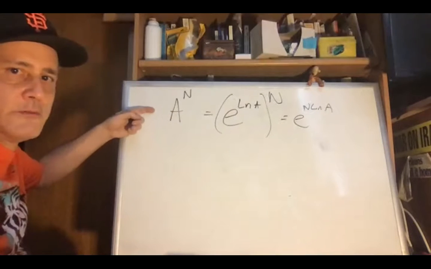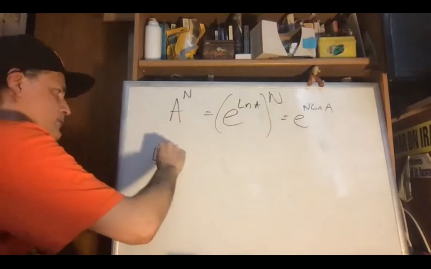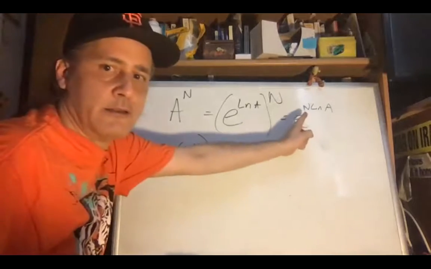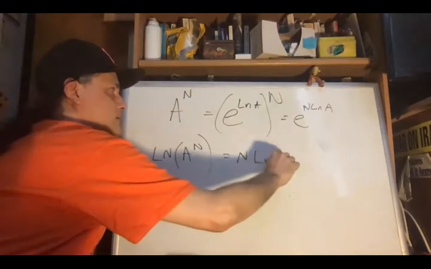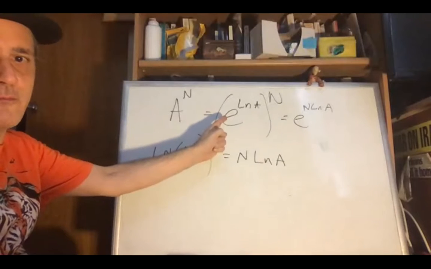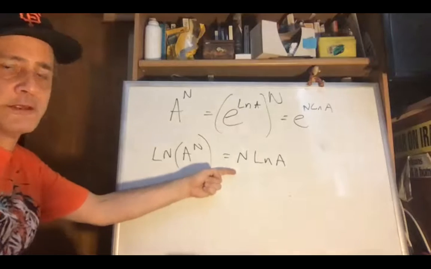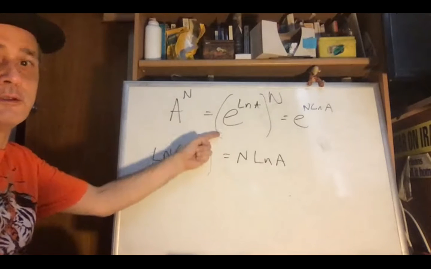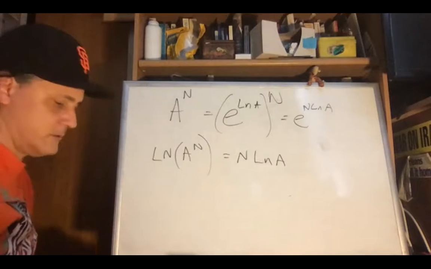And what does that mean? Well, that means if you want to change this problem using base e, and you ln that, you multiply the exponent to the log. Okay, now again, when you do this, you're skipping this step. When you log something, you're changing it to a certain base so that you can use the property of exponents. Right? That's where this comes from. And it's usually this middle step that gets skipped. But that's where that is.